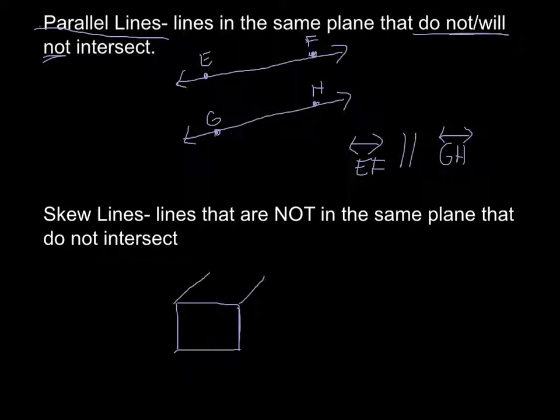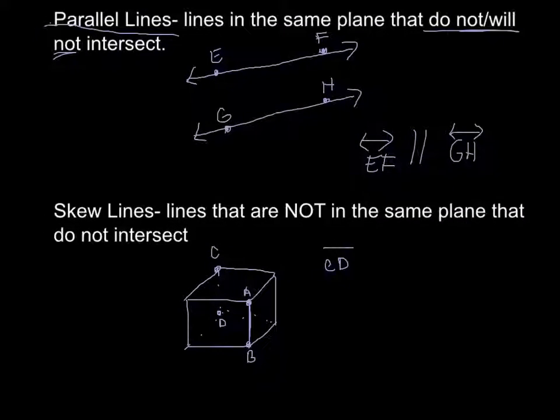Then let's say I brought my square back, my cube, sorry. Okay, so let's say this right here is point A, point B, point C, and point D. Okay, so I would say that line CD and line AB, sorry, these are segments.